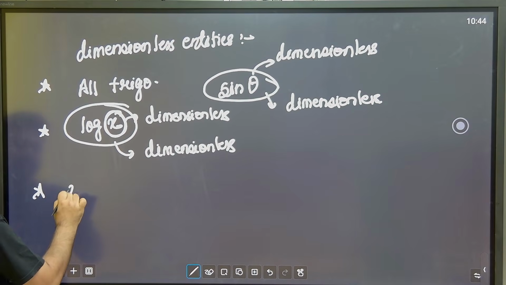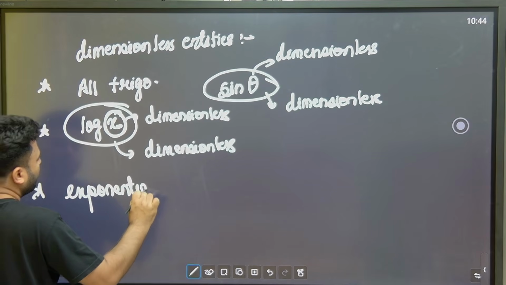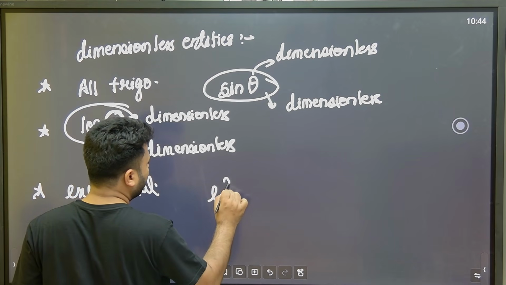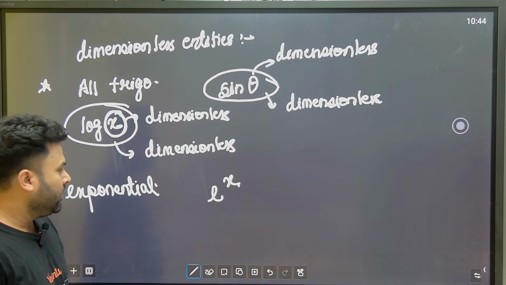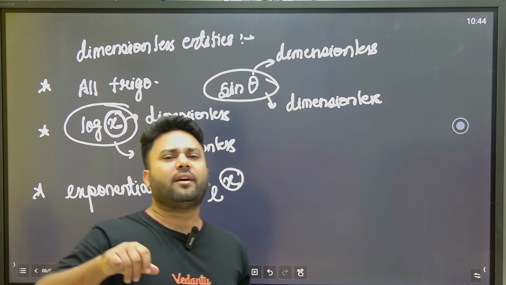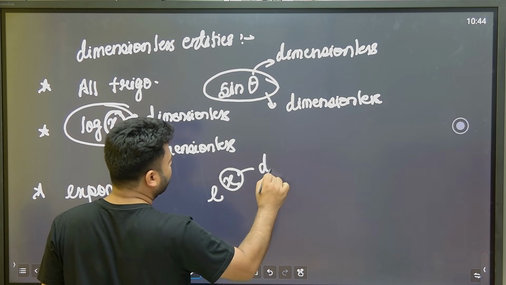Then exponential function, e to the power x. So this x is also dimensionless, like e to the power square, e to the power cube. So this is a number. So this is also dimensionless.